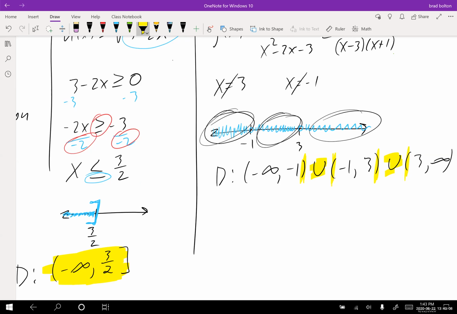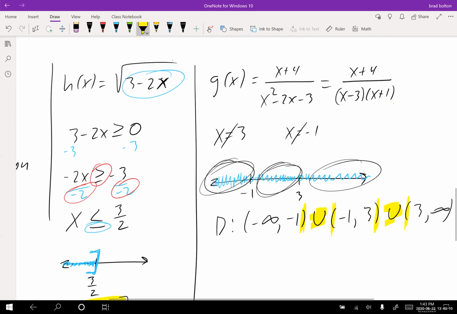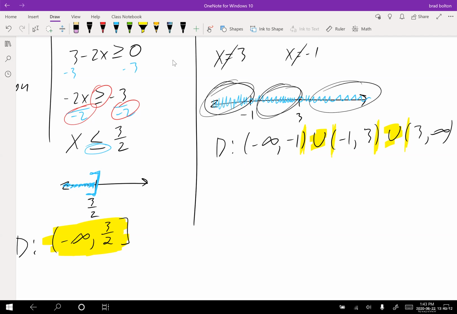Okay, there's a nicer way to write it. So this is interval notation, but there's another way called set builder or set notation. And what that does is it uses the squiggly brackets.